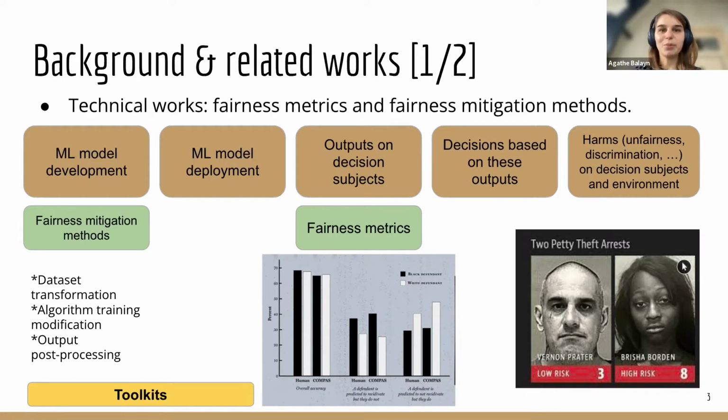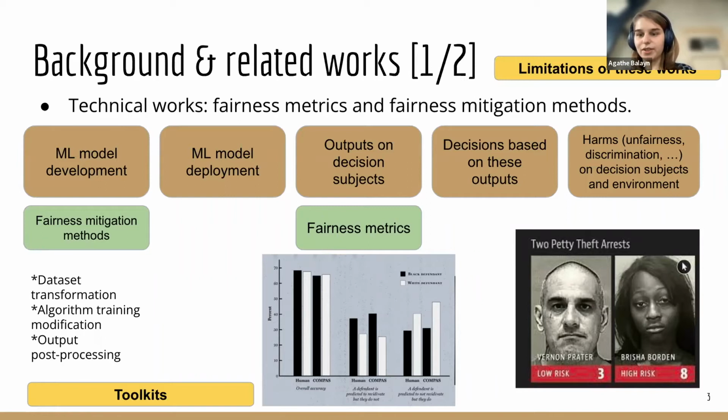Maybe an interesting point is that while these toolkits only consist of some of the metrics and mitigation methods, we also know that there are other works which look at the limitations of these metrics and methods. So for instance, the fact that the metrics are only applied to the outputs of the models and not to the actual decisions that are taken.